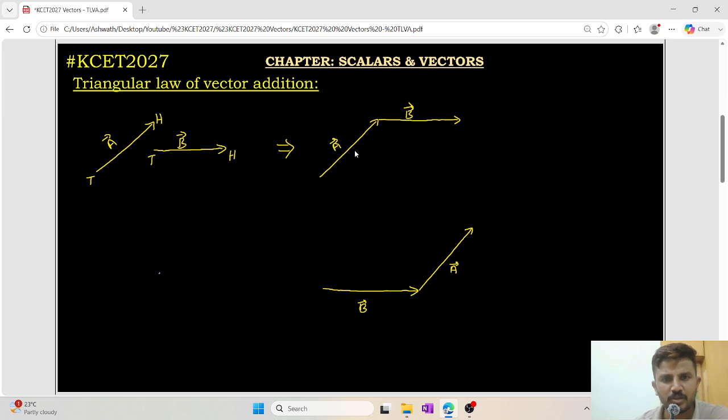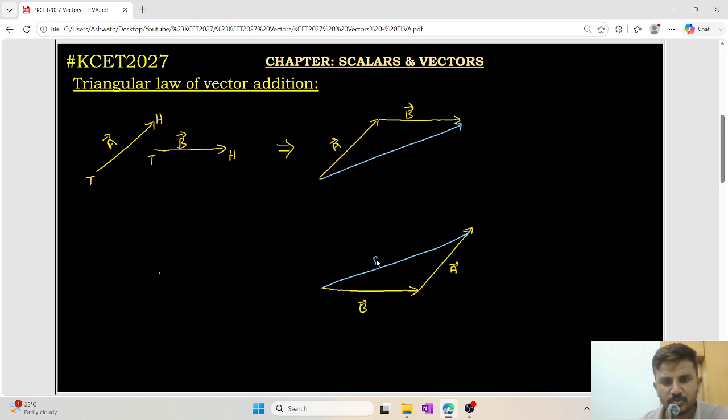So A and B are taken as two sides of a triangle in the same order. Then I will draw a third side by joining the tail of vector A to the head of vector B, or the tail of vector B to the head of vector A, like this.